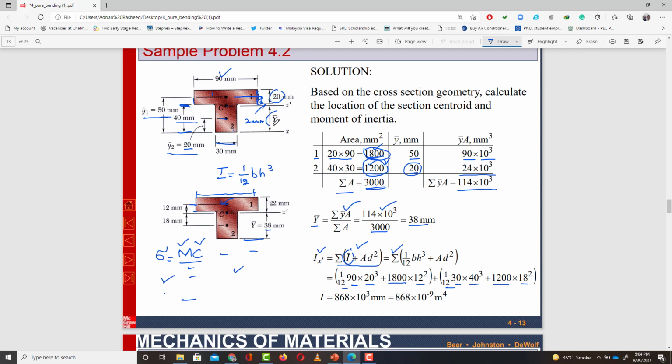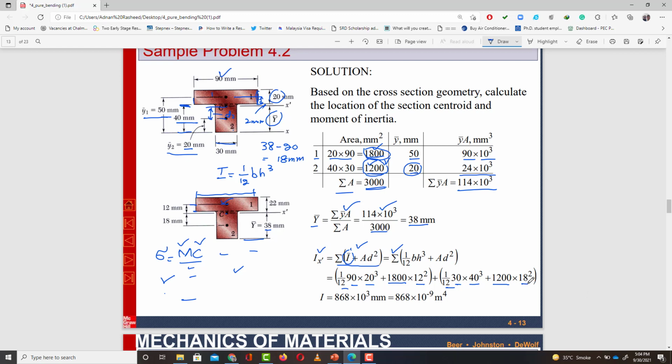So when you subtract 20 from 38, the remaining distance from this point till this point, this is D2 for member 2, and this comes out to be 18 mm.